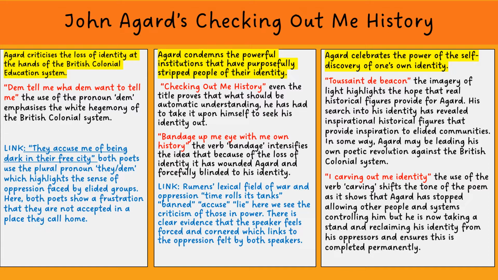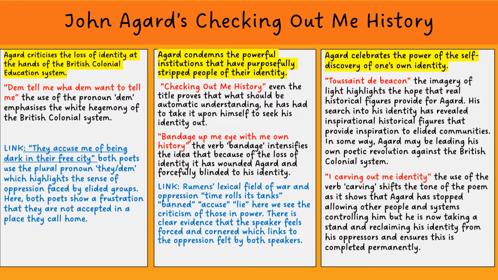And finally, for Agard's poem, as I mentioned before, we've got that celebratory tone to his poem, and we've got this idea that Agard is ecstatic that he has the power of self-discovery when he's older. He has that ability to seek out his identity, seek out his history and his heritage.